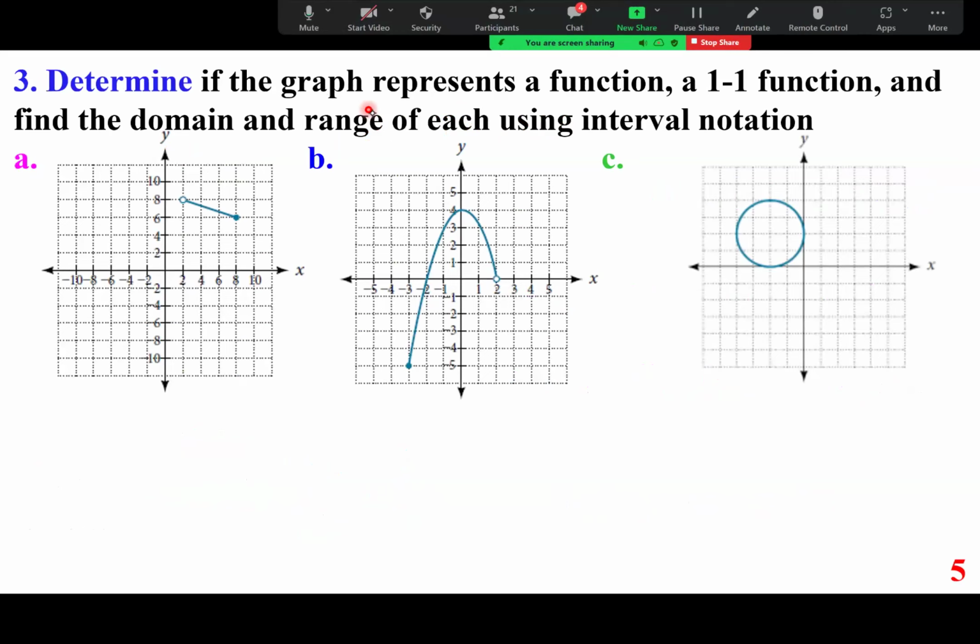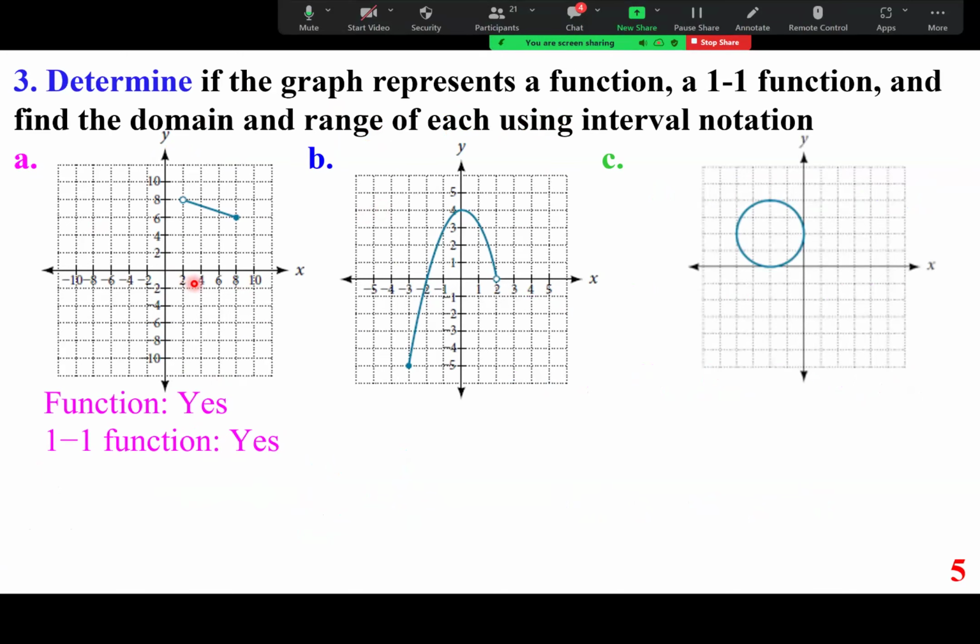Determine if the graph represents a function, a one-to-one function, and find the domain and range of each using interval notation. This one represents a function as well as a one-to-one function because it passes both VLT and HLT. There is no vertical line that crosses more than once. There is no horizontal line either.